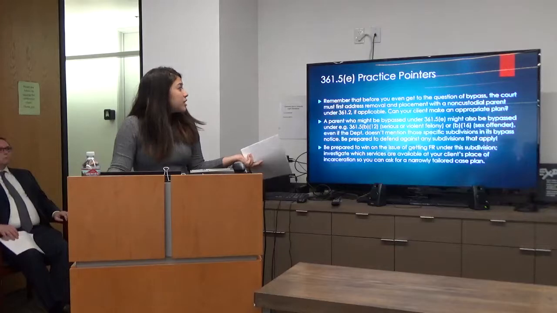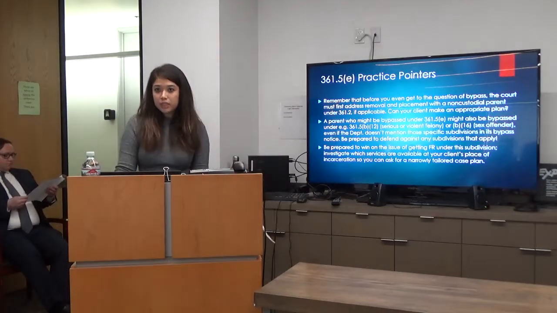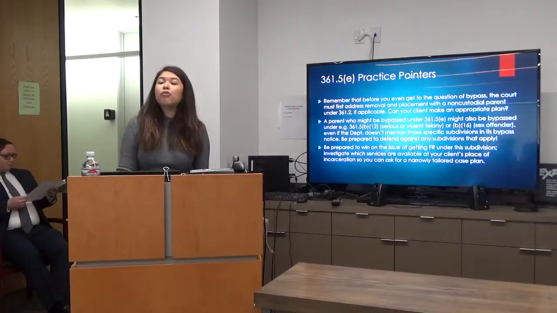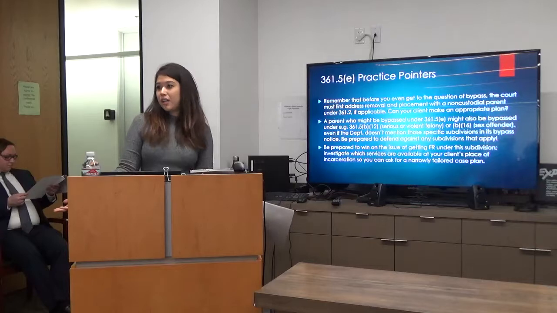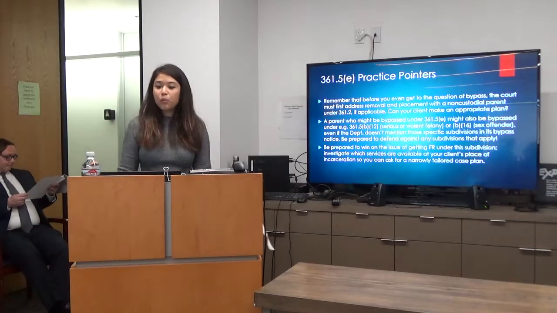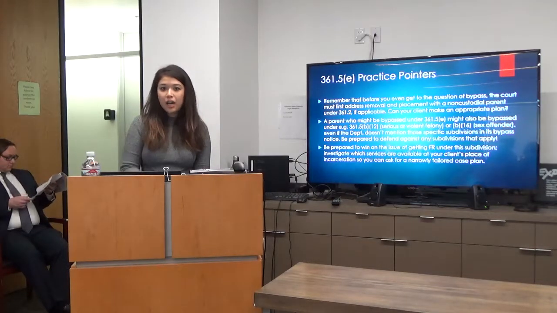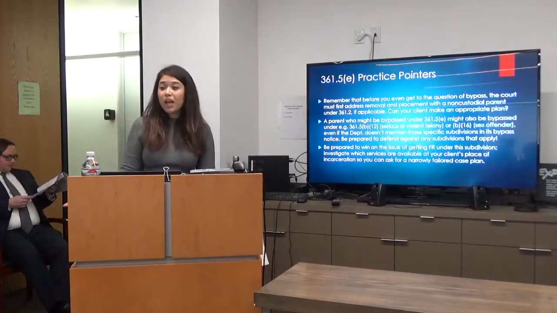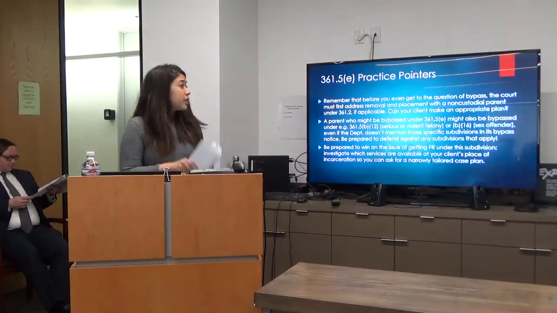Again, some practice pointers. Remember, before you get this bypass provision, always see if you can get a home of parent order. All is not lost when you have an incarcerated client. Ask them if they have any family members that are willing to take in their kid, see if you can make an appropriate plan. Any family members willing to care for their kid without funding. That is something you can always look into.